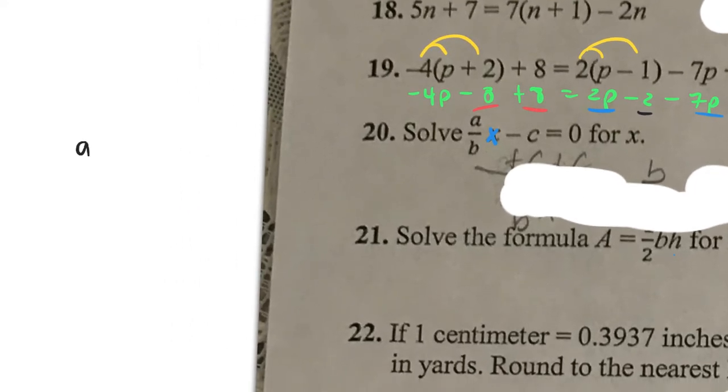So we have a over b times the blue x minus c equals 0, and we want to get that blue x by itself, so that could be a matter of adding c to both sides. That would cancel that. We would have a over b times x equals c. Now notice how I got rid of the c first.